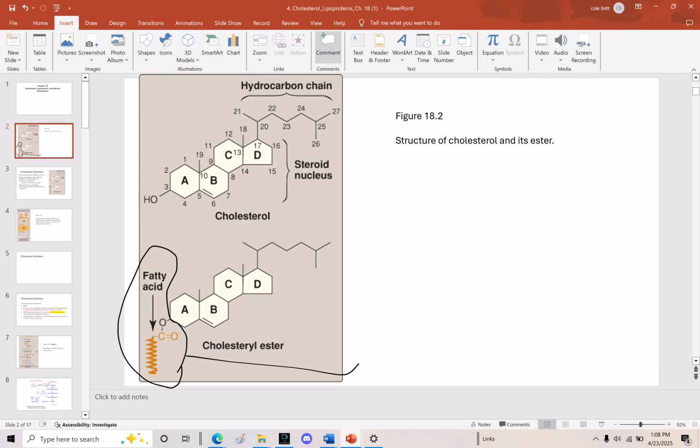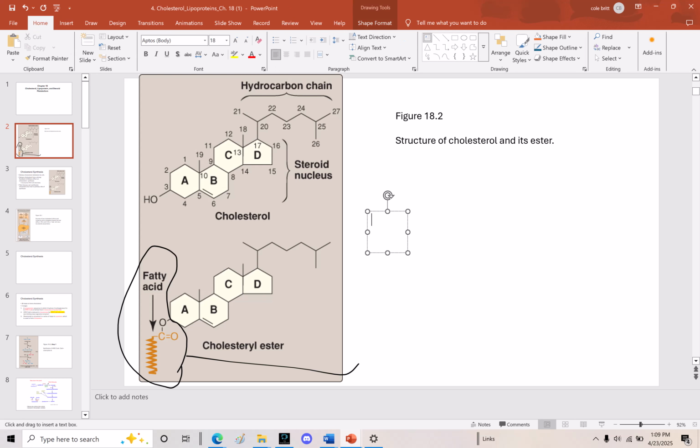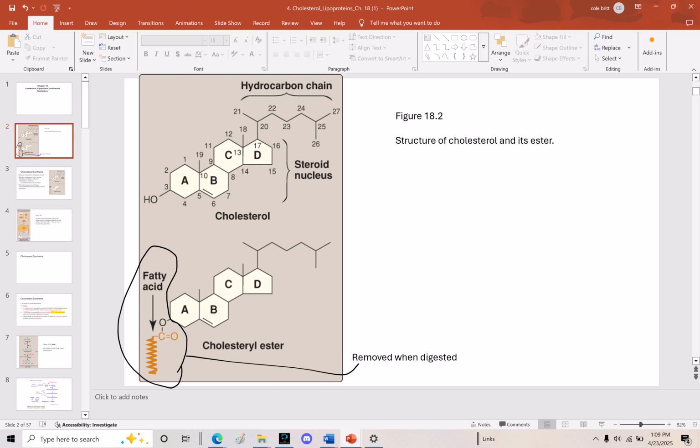And so when you do this, you end up with a free cholesterol and a free fatty acid. That's what you do when you digest it. It's also what you do when your body uses cholesterol. So whenever you want to store cholesterol, you want to put a fatty acid on it.